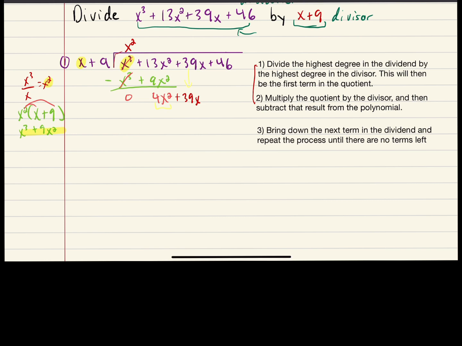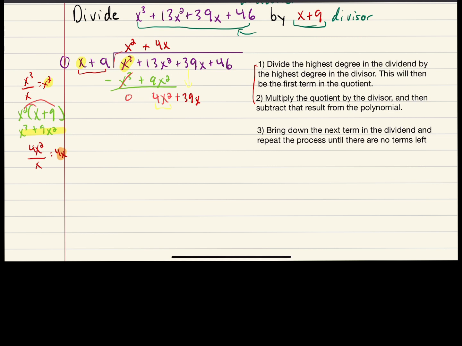So I'm going to divide 4x squared by the first term in the divisor. And so when we go 4x squared divided by x, that is going to give us 4x. So we're going to take this, like we did previously, and put it as another term in the quotient.